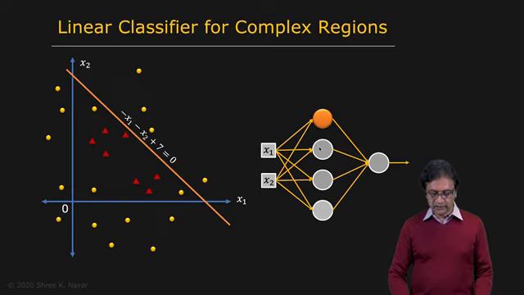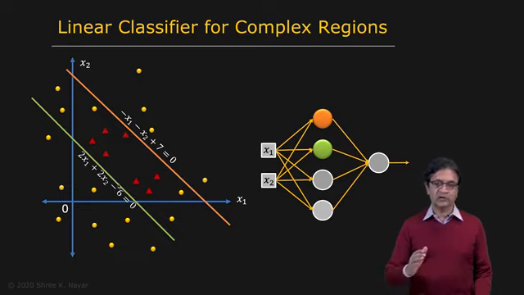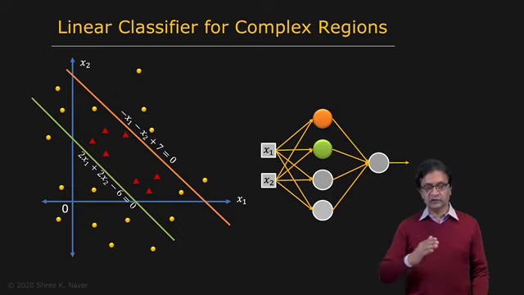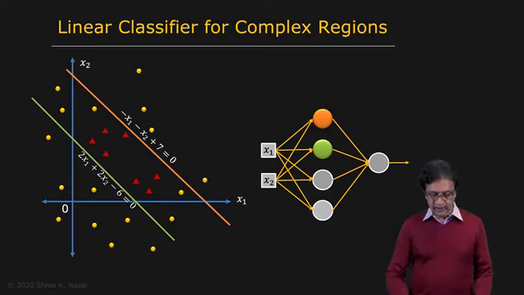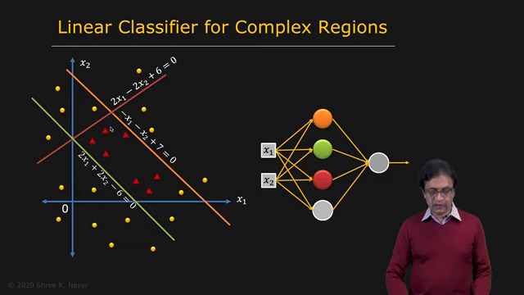Now let's take a look at this perceptron right here. Let's say that it is this linear classifier, where the output is a 1 if you lie to the right of this line. Then the third perceptron right here could be this linear classifier, where the output is a 1 if you lie beneath the line.